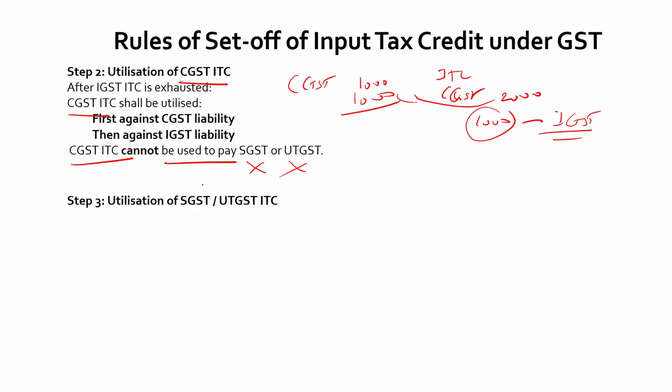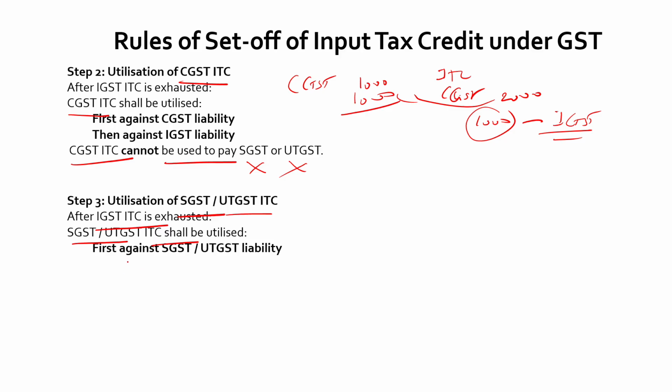Next, step 3 is utilization of SGST and UTGST. After IGST is exhausted, the concept is similar. IGST is exhausted first, then we use SGST and UTGST against SGST and UTGST first, and if anything is remaining, then we can use it for IGST liability. Again, I am taking a simple example.